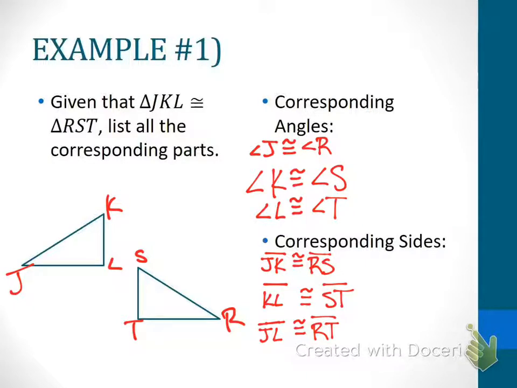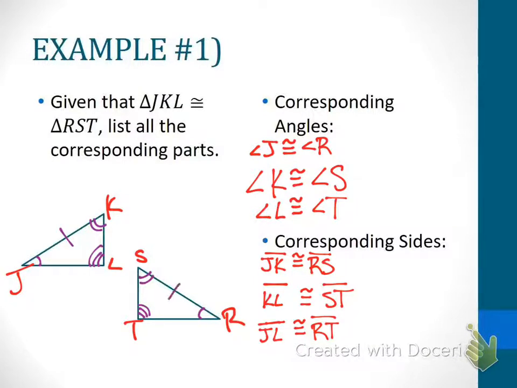Another thing we could do is go through and mark our diagrams with arcs and tick marks. So like J and R both get 1 arc. K and S get 2. L and T would get 3. Same kind of thing could be done for the sides.